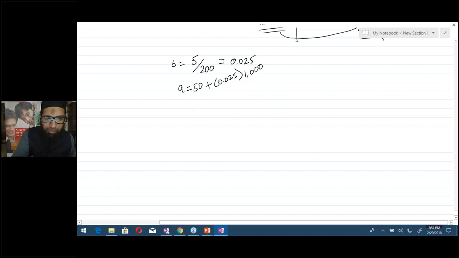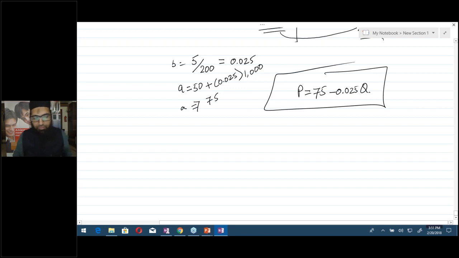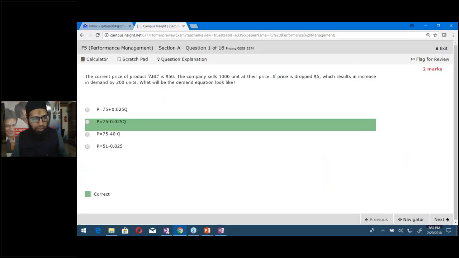So the answer will be how much? It will be 75, I guess. Is it 75, Salman? So this is the value of A. Hence my equation will be P equals 75 minus 0.025Q. So the correct answer will be B.